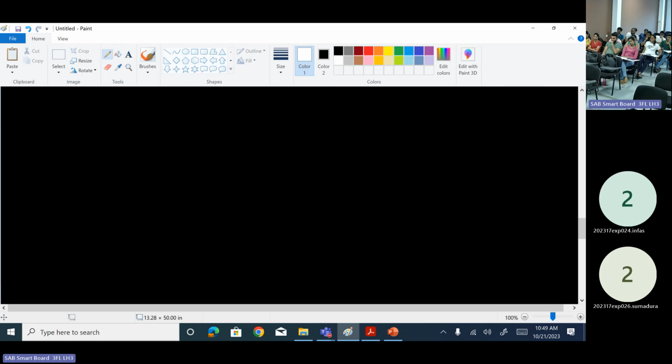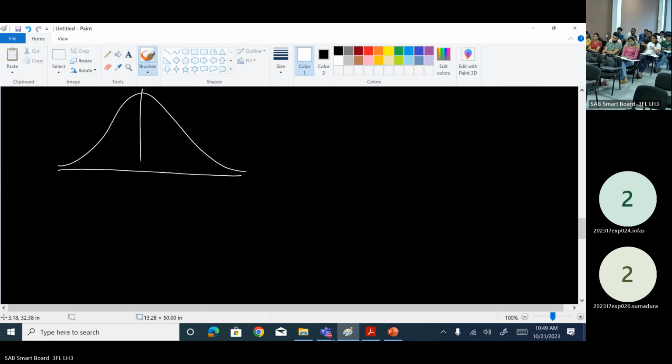So we draw the X scale sketch first. The X variable's mean value is 1008. So this is the X scale.